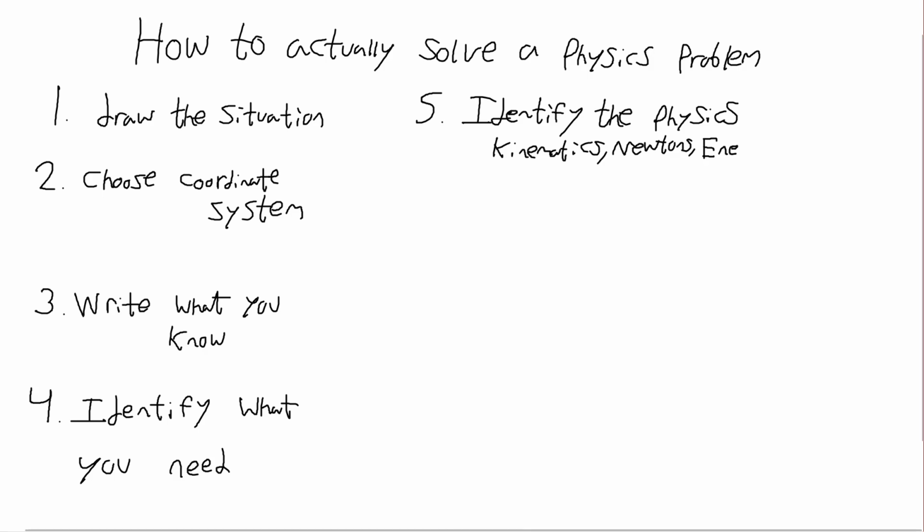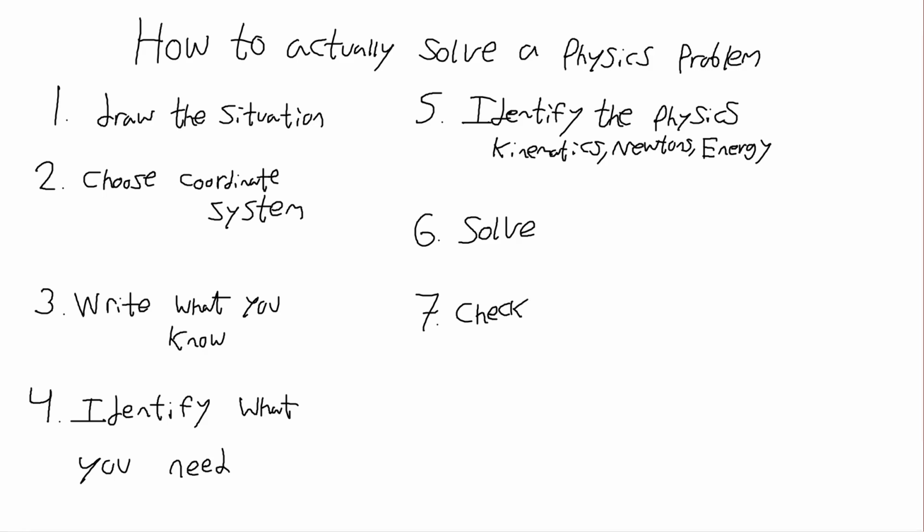This is the step where you determine the right approach by identifying the patterns that the problem is telling you. Then you solve the problem. And finally, check your work, check your answer. Whether that's by working backwards, or you could check the units, like I mentioned in the beginning of the video.